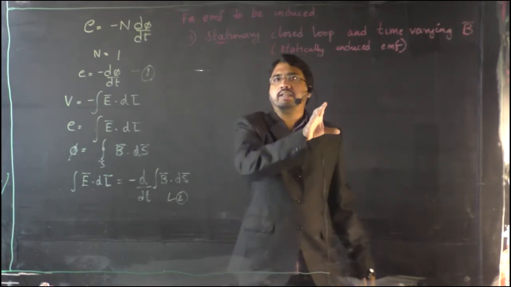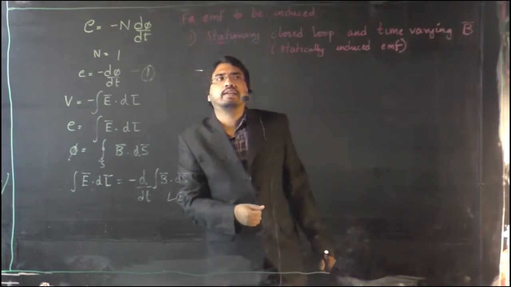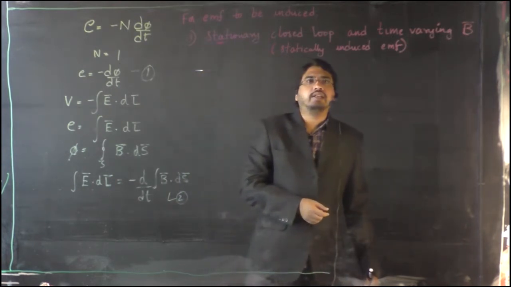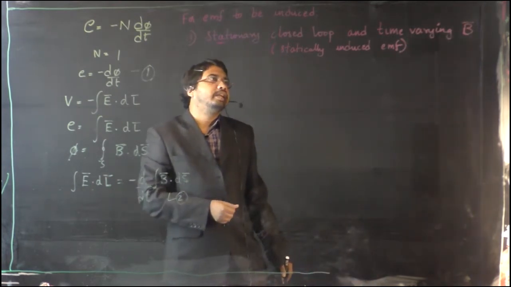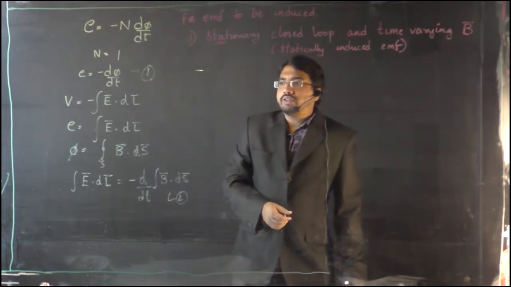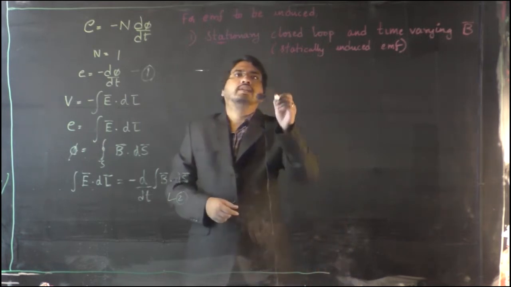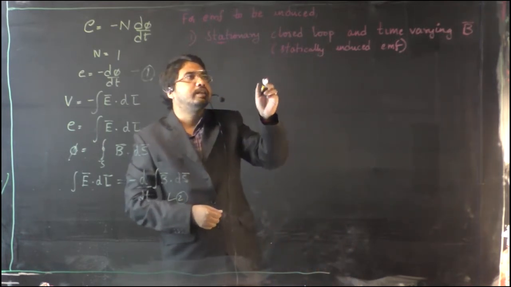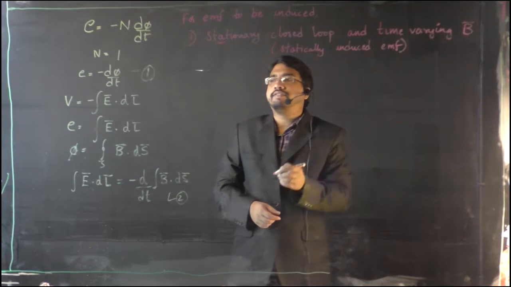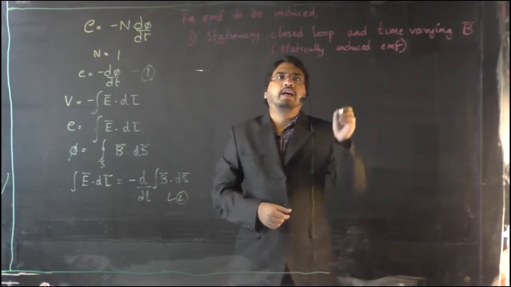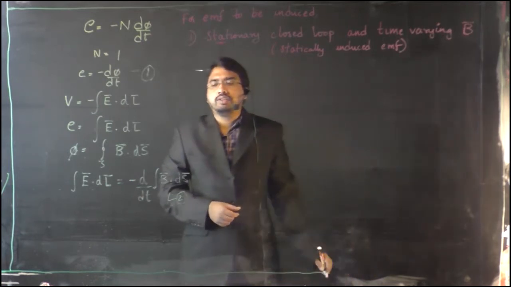Here the magnetic field is varying and the conductor is stationary. That is the statically induced EMF case. Now we should see how to represent this mathematically in equation form.